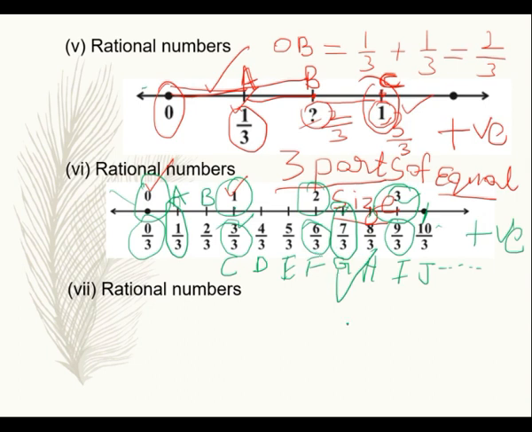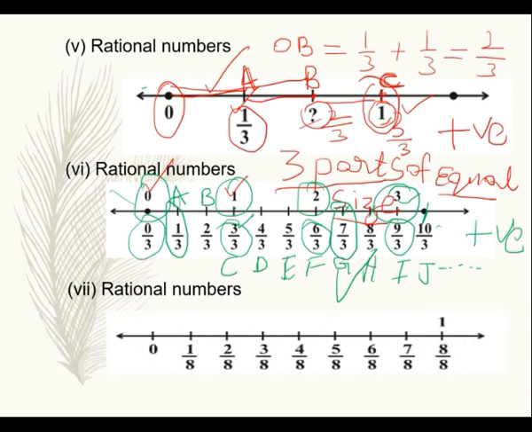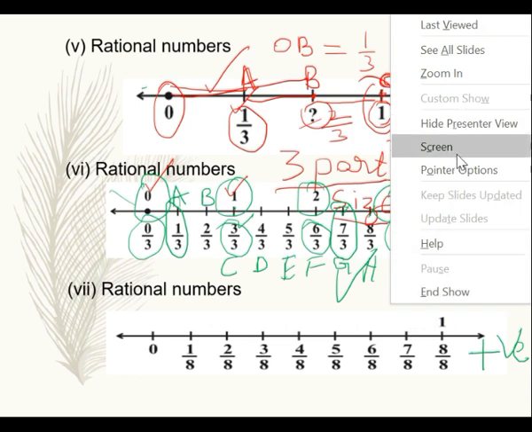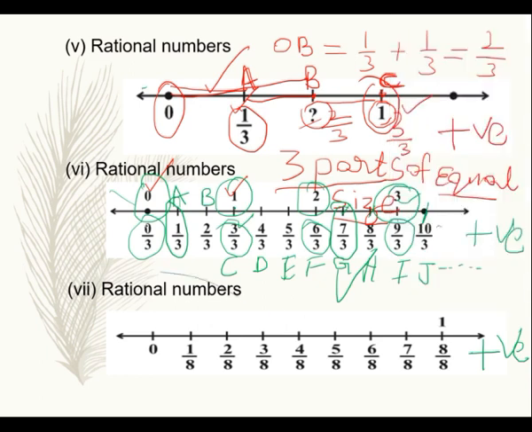One more example. See children, here I have got a rational number line shown from 0, 1 onwards. That means it is again the positive direction only. Let me take one more ink, and I am changing to blue.